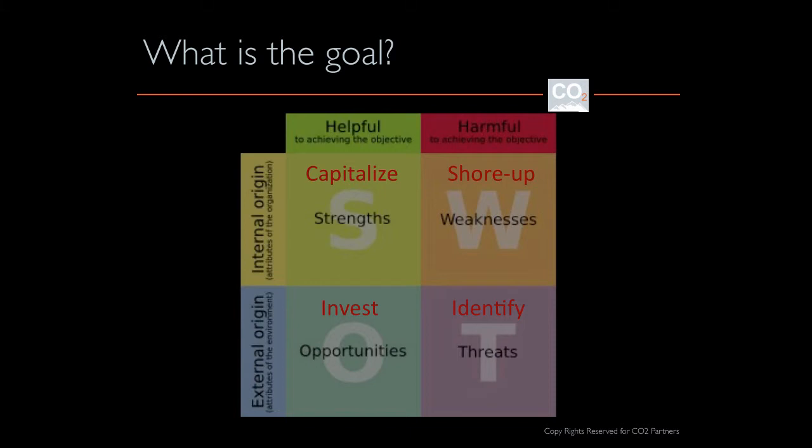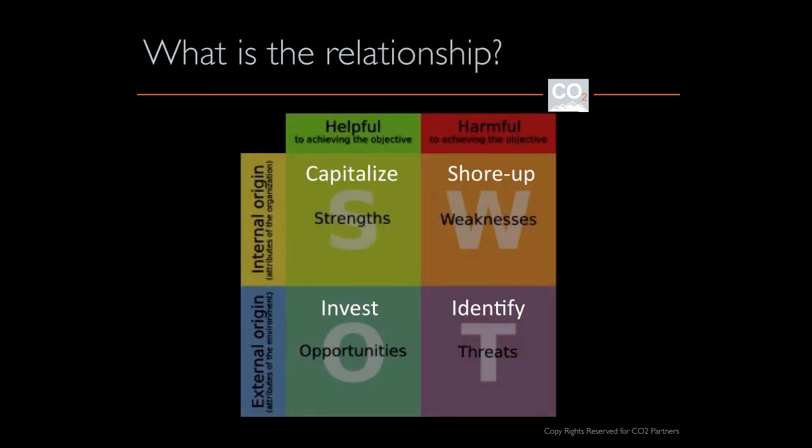Now that we've seen those elements of strength, weakness, opportunity, and threats, and we understand where they come from, now let's explore how we start building strategy into the formula. And this happens by looking at the relationships of these categories.